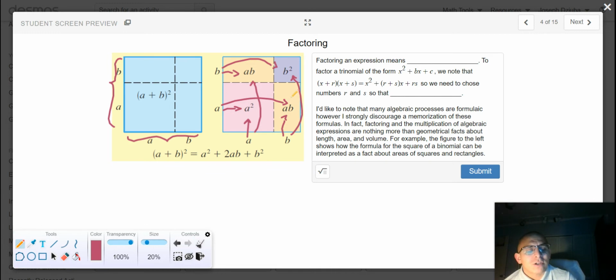So it's very much a visual multiplication table. And it's also why I like the area model, because it not only demonstrates an algebraic process, but it connects it to a visual representation of what's actually happening when we are multiplying those terms together.